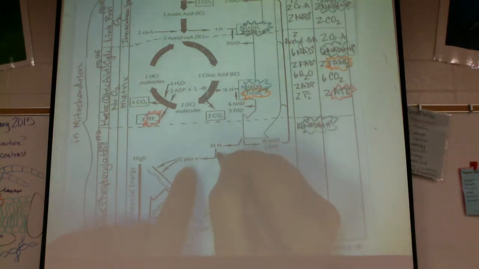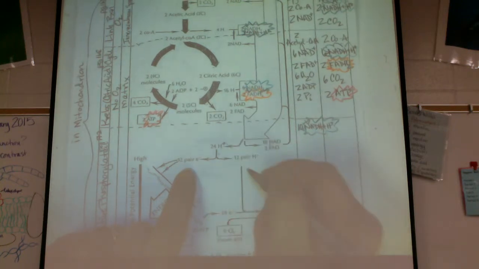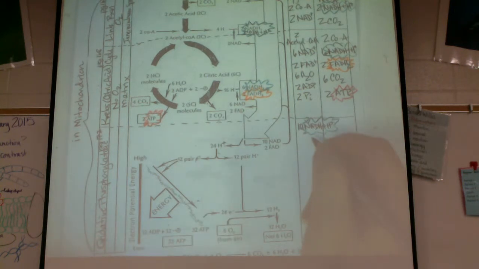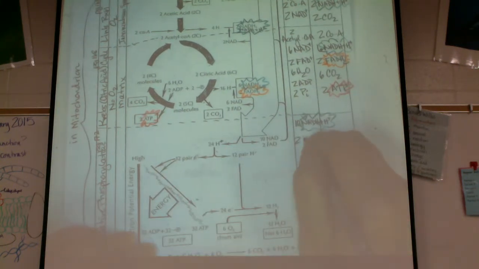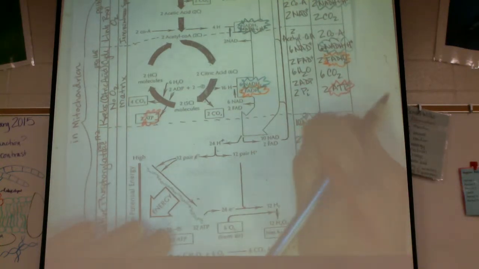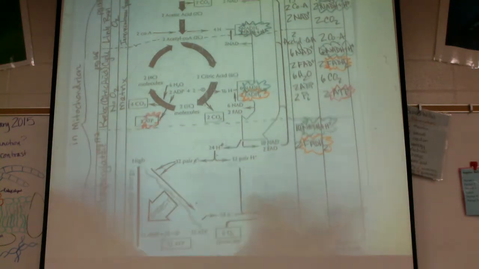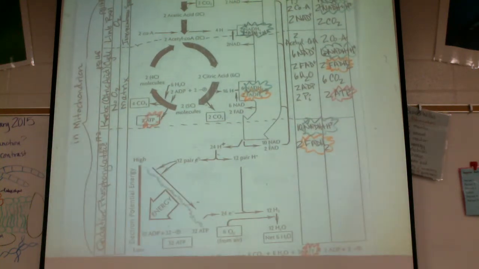So you're going to get both of these little hydrogen ions as well as these little electrons, okay? You're also going to get 2 FADH2s, which are the other electron taxi, to drop off more electrons and more hydrogen ions, okay?